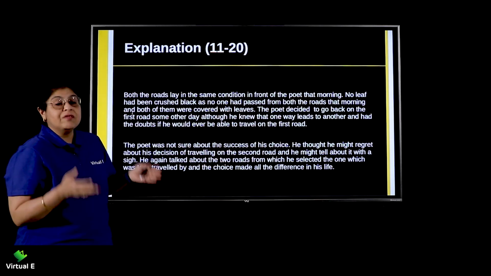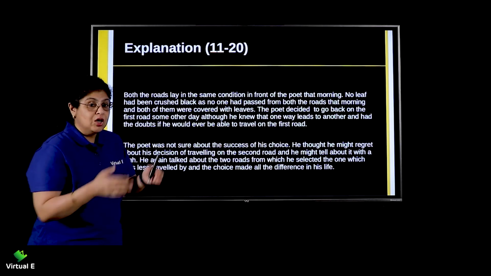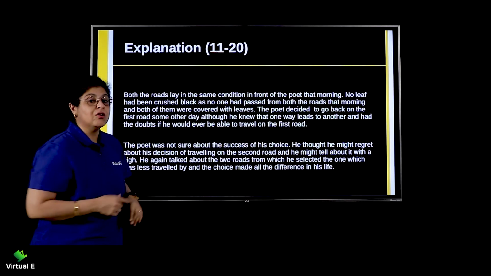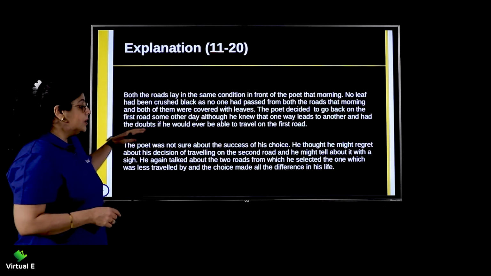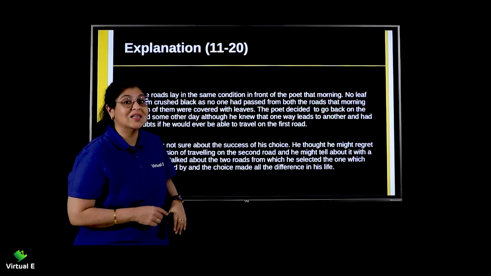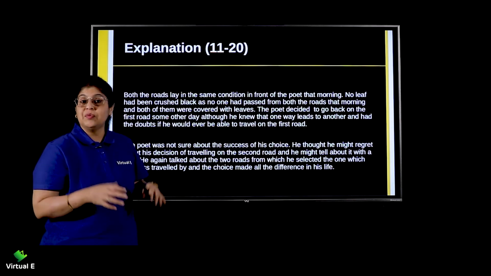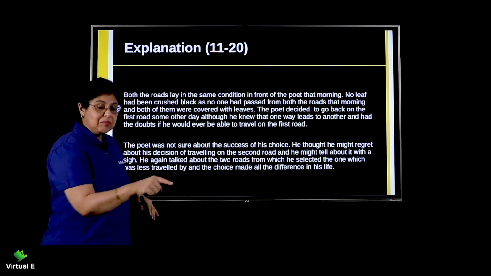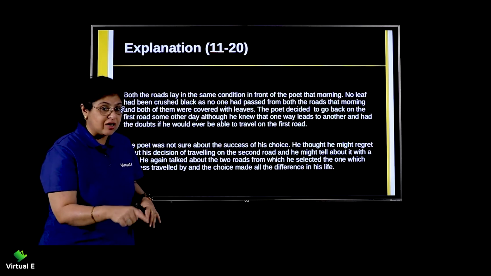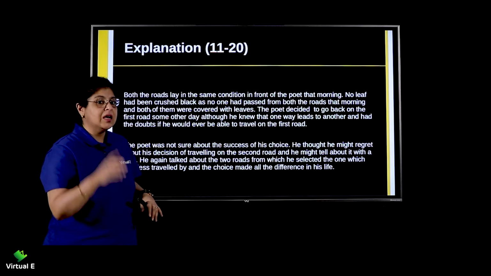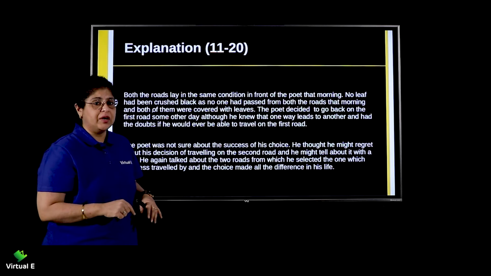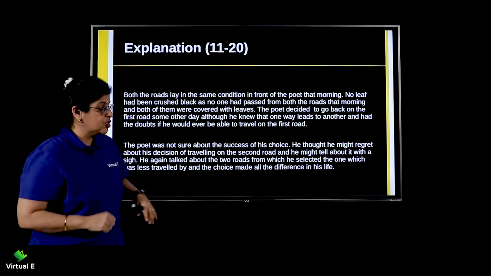And I doubt if I will ever get the time to come back and go on road B. The poet was not sure about the success of his choice. He doubted whether, if I am taking this road which not many people have traveled, am I making the right choice? Am I making the right decision?